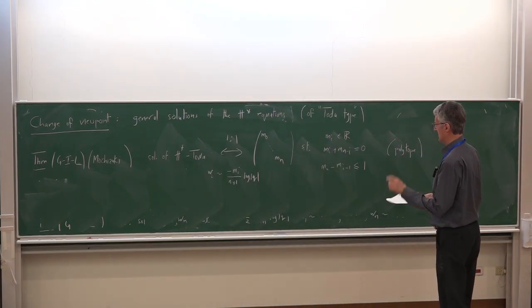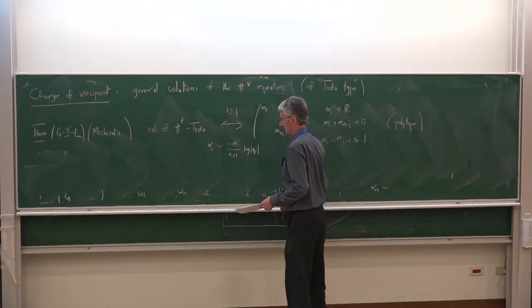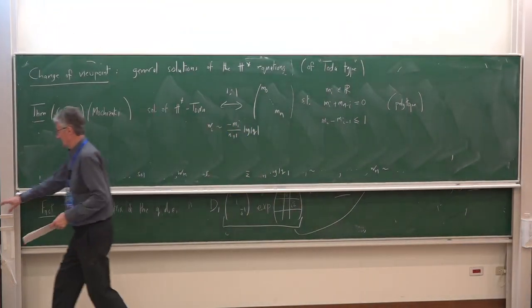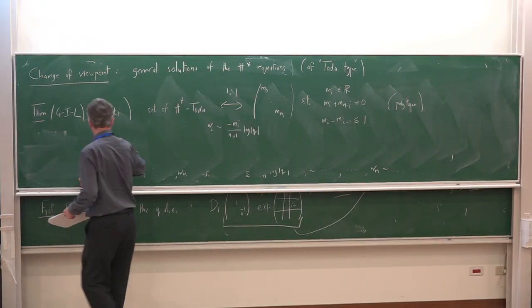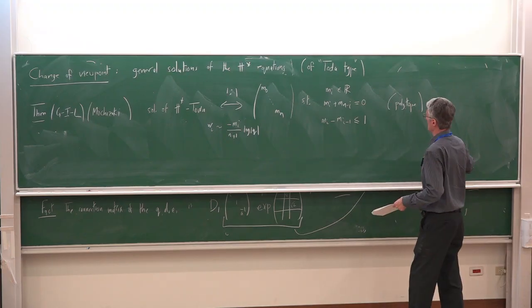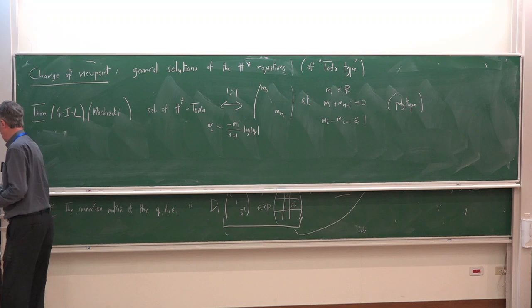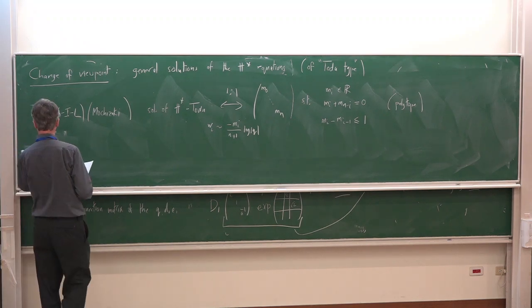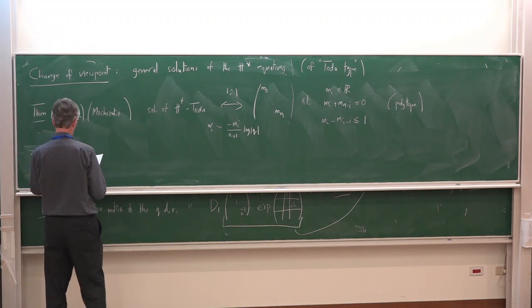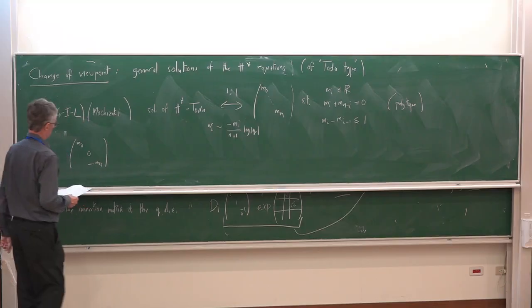Okay, so of course the special values of m correspond to the quantum cohomology. So let's just talk about the 3x3 case. These are all the global solutions. And in the 3x3 case, this is very simple because this diagonal matrix is just a line.